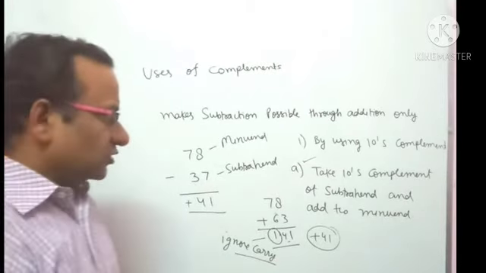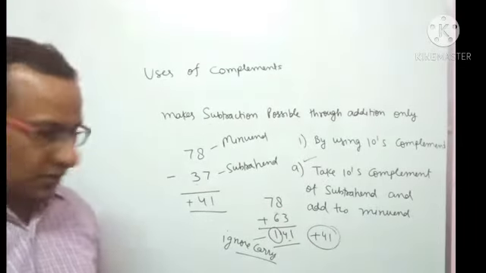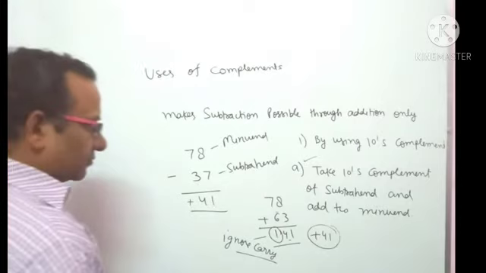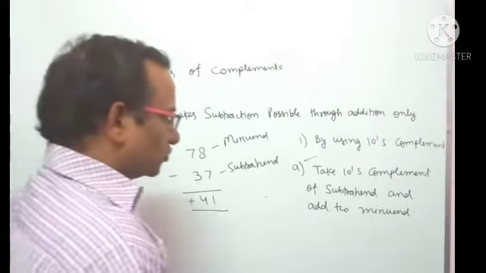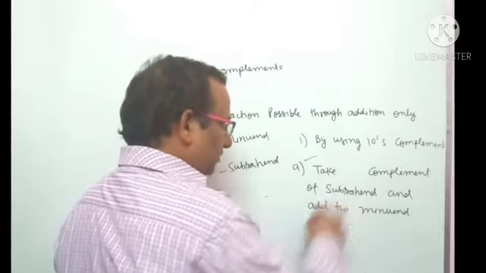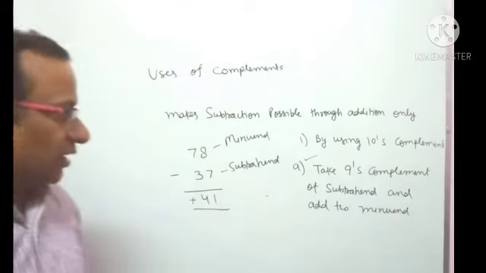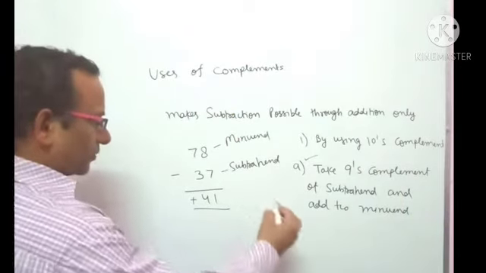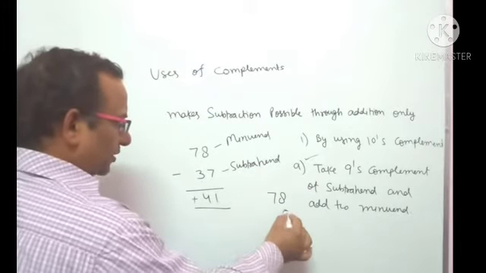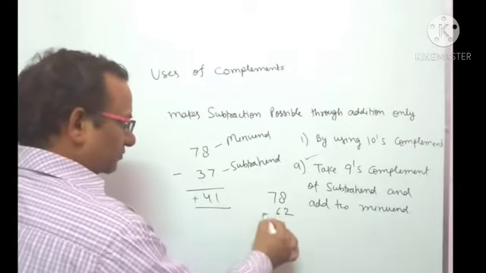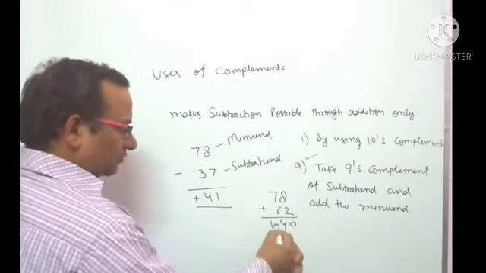Now there is another method. Instead of tens complement we can also use nines complement. So let's see that. Instead of tens complement, take the nines complement of the subtrahend and add it to the minuend. 78 plus its nines complement, 9 minus 3 is 6, 9 minus 7 is 2, so 62: 8 plus 2 is 10, carry 1.